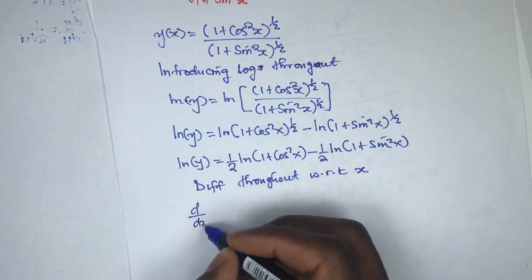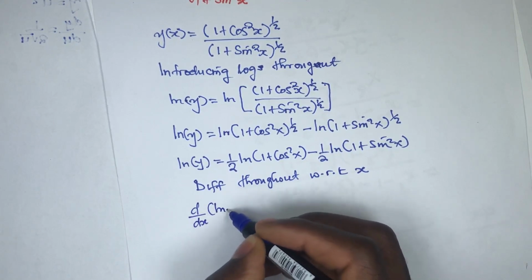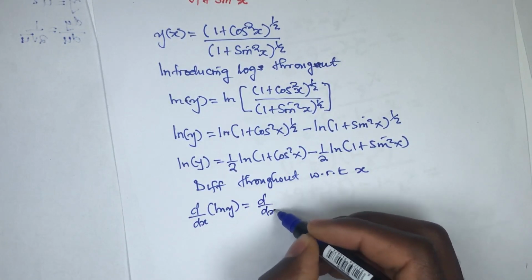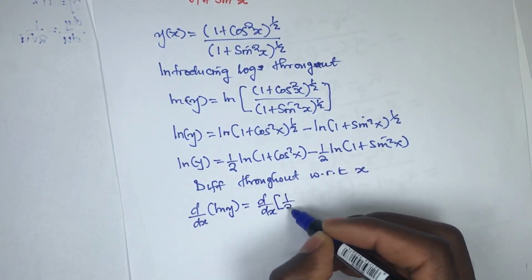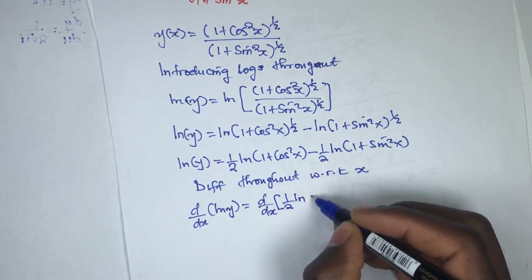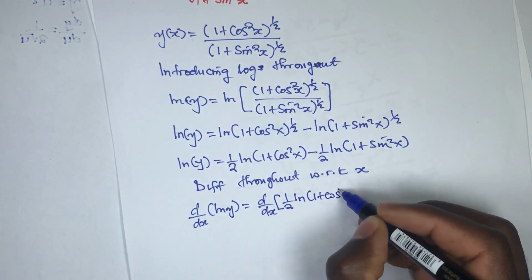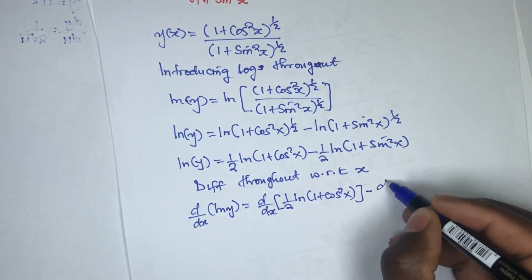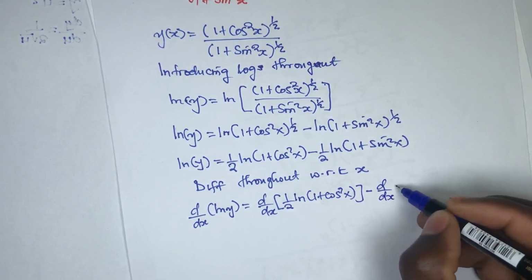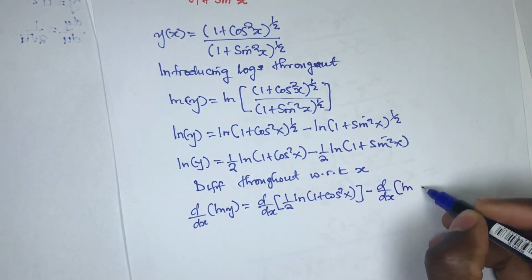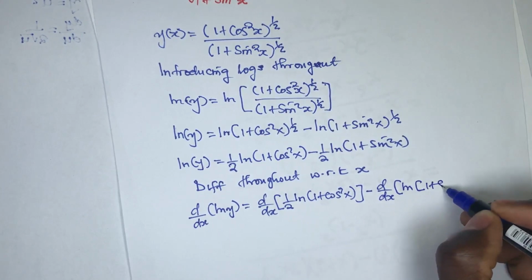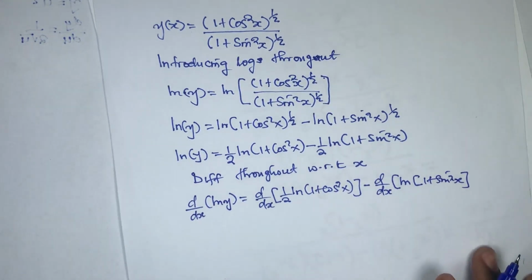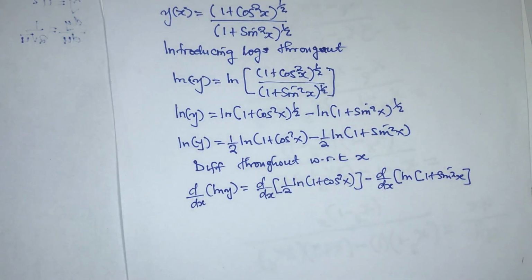This function on this side we differentiate with respect to x, equal to, we differentiate this term, ln of (1 plus cos squared x), with respect to x, and we also differentiate the term ln of (1 plus sin squared x) with respect to x, like this.